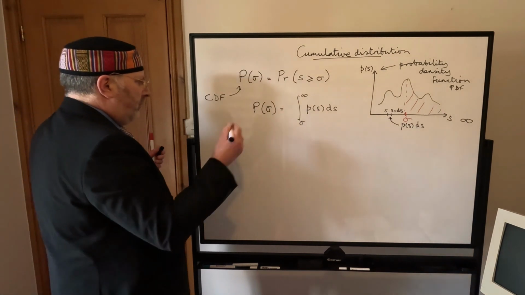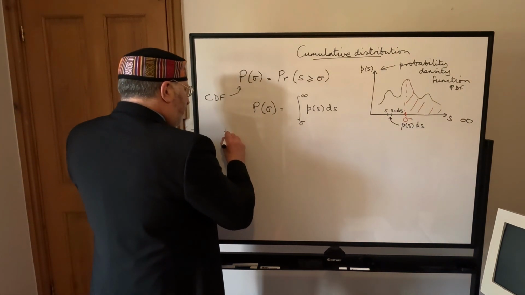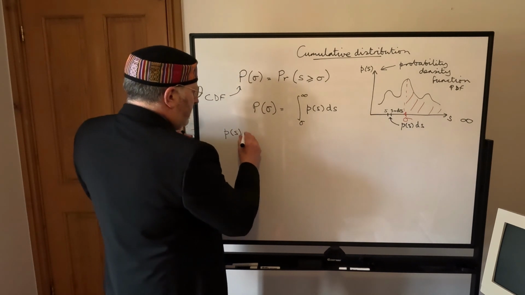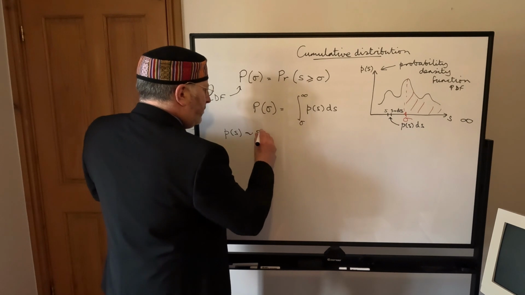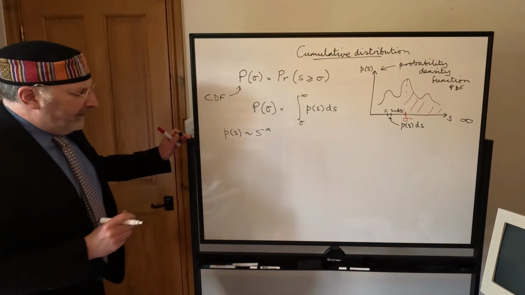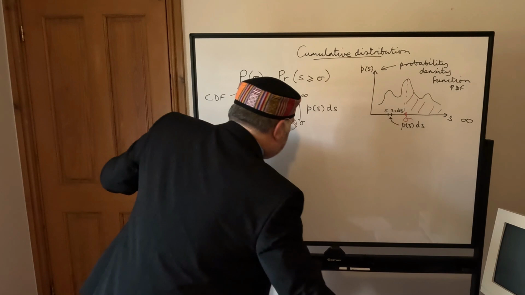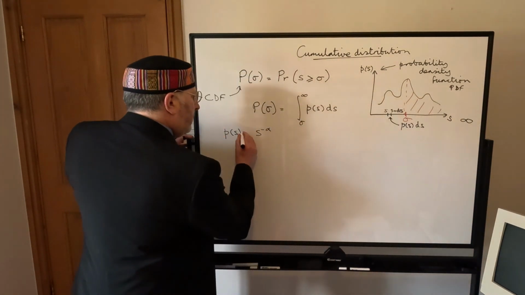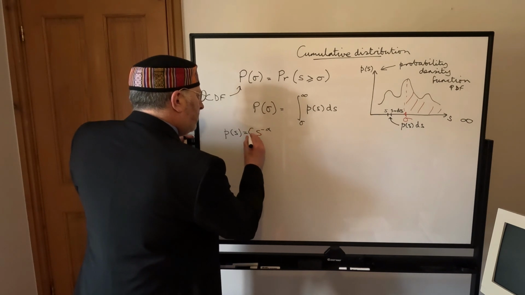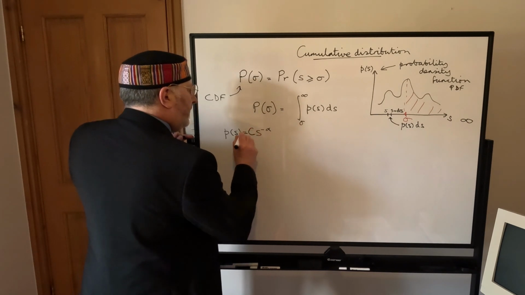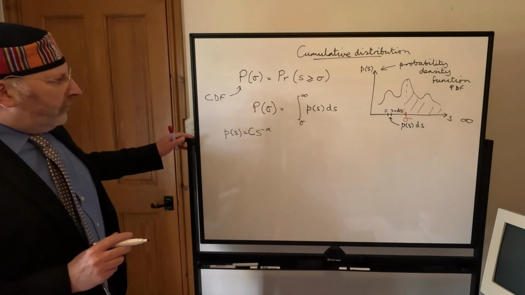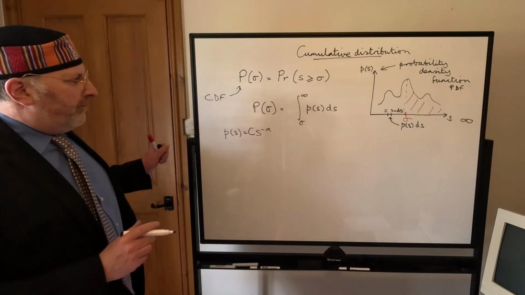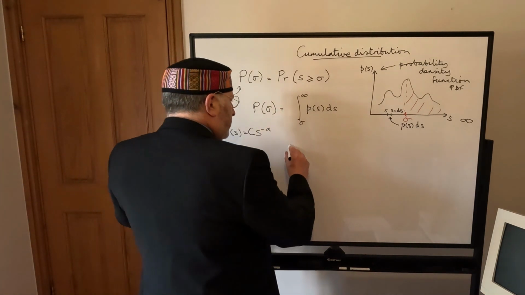Okay, so we can work out this if we know that we've got a power law. Then we've got P of S is proportional to S to the minus alpha, and we can make that exact by putting in a constant, which I'll just use capital C. So that's a power law. So how does the cumulative probability look for such a power law?